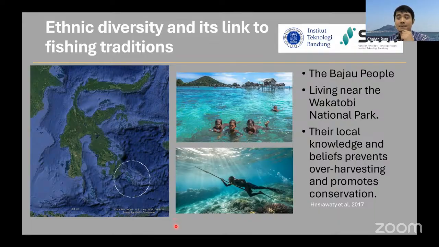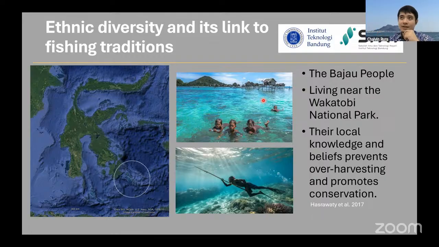Some people have termed them the Aquaman or Atlantis. Why? Because besides living literally on the water using stilts, they're very closely related to the coastal ecosystem and they're very good divers.